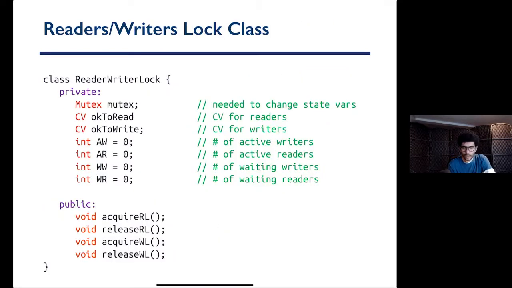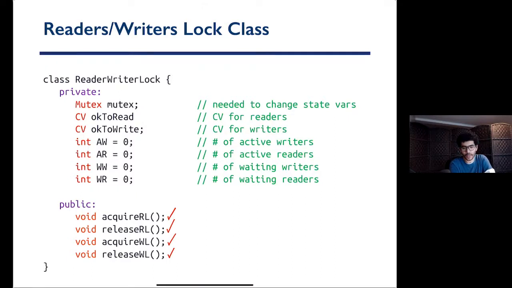Now, here is the API of this class. Let's start with the public operations that this class supports. The first one is acquire RL, which acquires the lock as a reader, and then we release the lock if we are a reader. Then we have acquire the lock as a writer and release the lock as a writer.